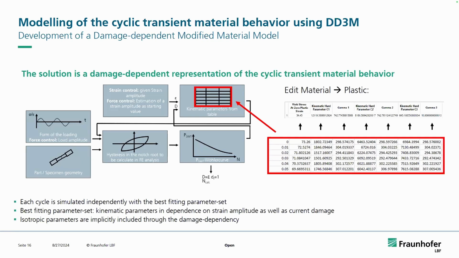So that means that each cycle is simulated independently with a best fitting parameter set. Best fitting parameter means that that's the set that is closest to the currently used strain amplitude as well as the current damage. And the isotropic parameters you don't need anymore because they're already implicitly included due to the damage dependency.